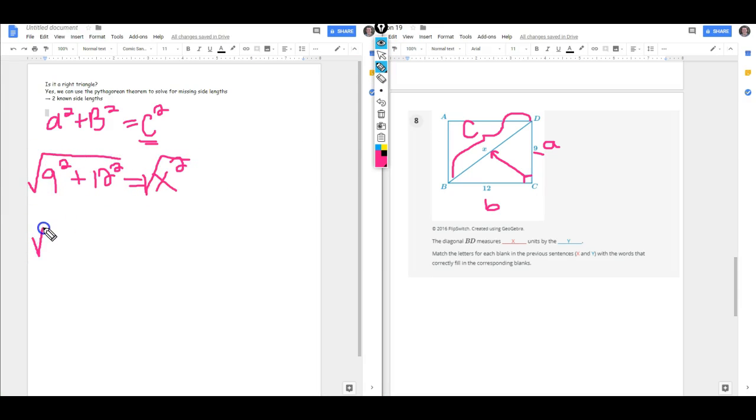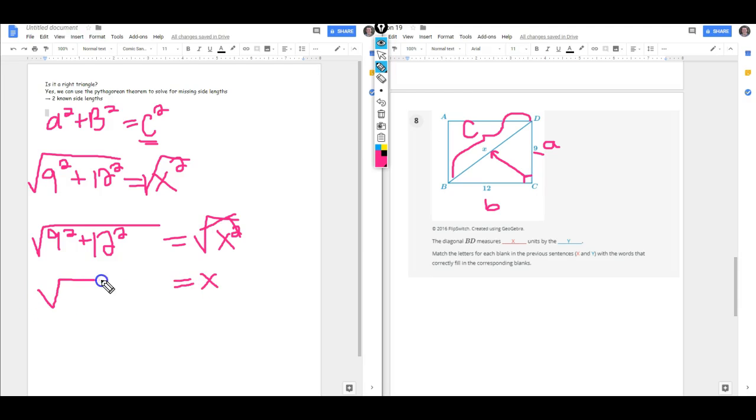So then on this side I have the square root of 9 squared plus 12 squared is equal to the square root of x squared. Now the square root of x squared, these two undo each other and I'm left with x.